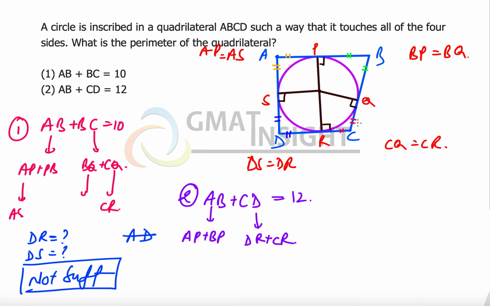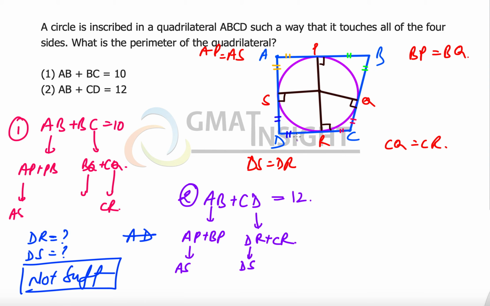Now we are left with BC and AD. But you see that AS and DS are equal, and AS and AP are equal, and since we know AP, we know AS is a part of it. Similarly, we know DR, so we also know DS. That means this line AD is taken care of. AS plus DS is AD.